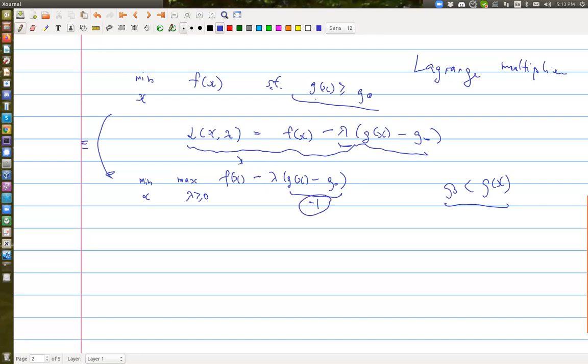Now what's the maximum value for this guy here? Or maybe I should say, if I just look at this part here, what's the value for this thing here, if this is violated?